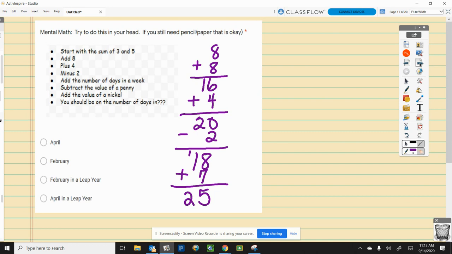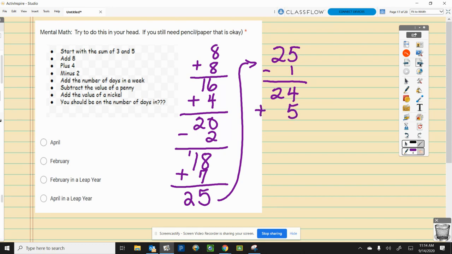That's 25. 25 minus the value of a penny is 24. Add the value of a nickel, which is 5 cents, and I get 29. I should be on the number of days in what?